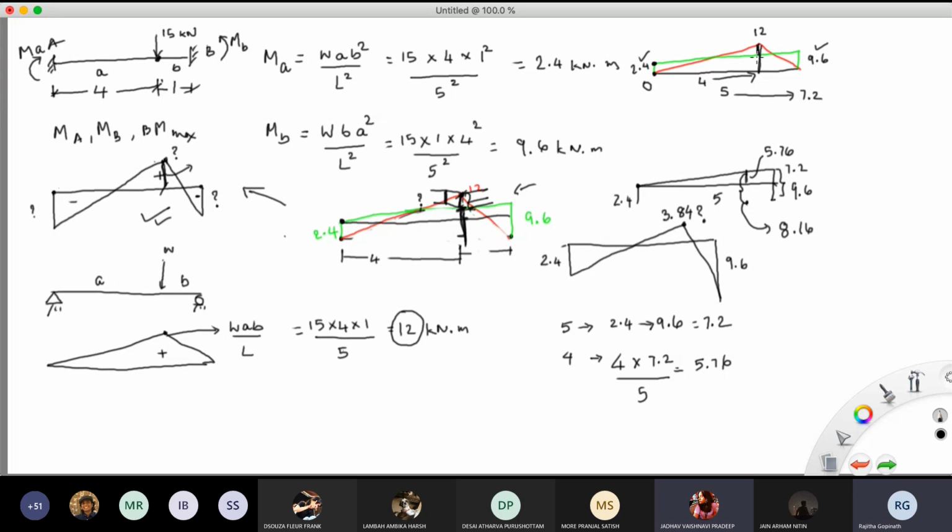Rajada, how did you get that formula for 4 meters? Which formula? The second one? Yeah, how did you get the formula? It's very simple, see. If it is increasing this much, and here let's say it is 0, it's a steady increase, right?